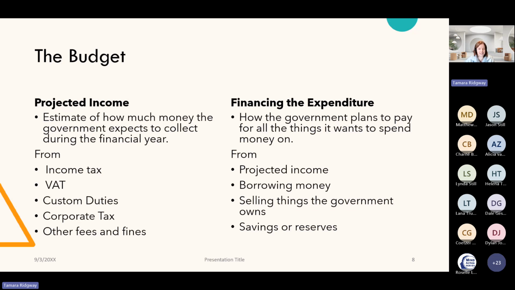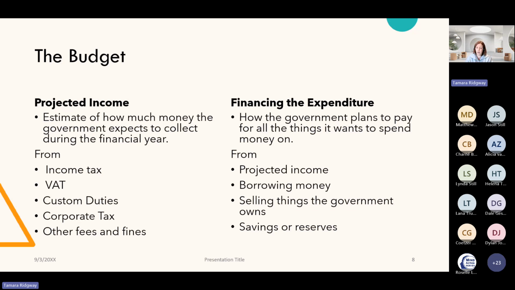So that's why. So projected income is an estimate of how much money the government expects to collect during the financial year. And they expect to collect that money through income tax, VAT, custom duties, corporate tax, and then other fees and fines. So that's what they think they're going to get in.